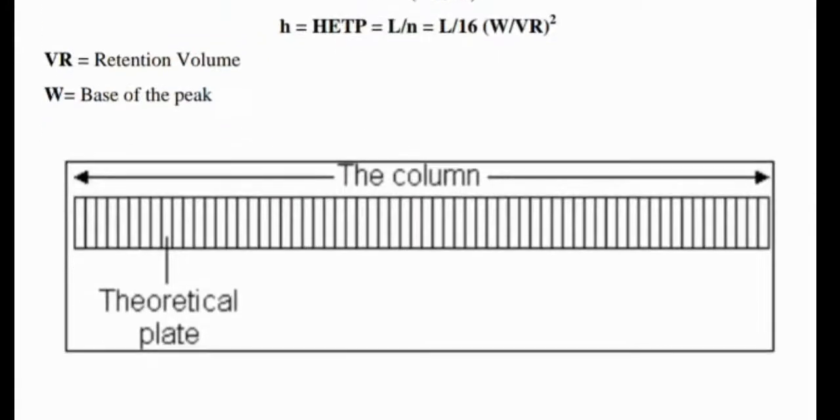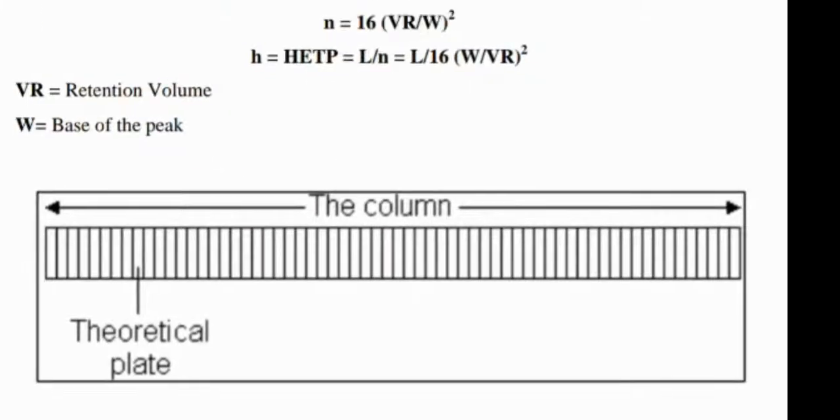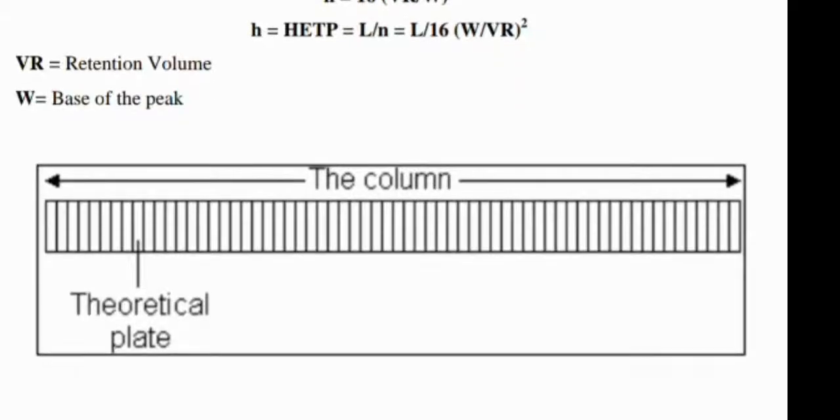N is equal to 16 times (VR divided by W) whole square. So HETP is equal to L over N, which is L over 16 (VR over W) square. VR is the retention volume and W is the base width of the peak.